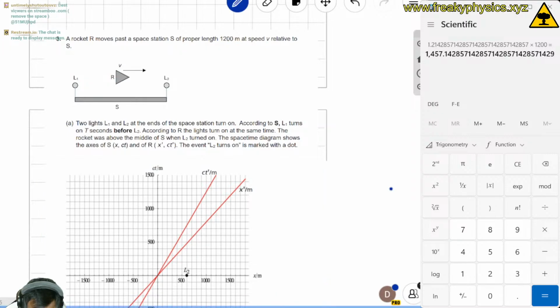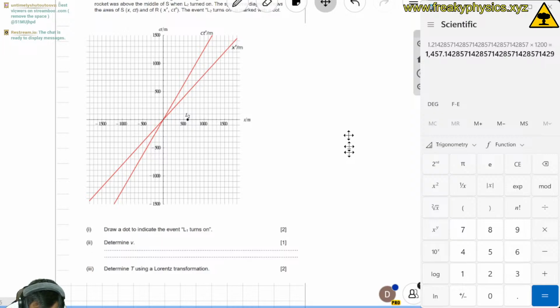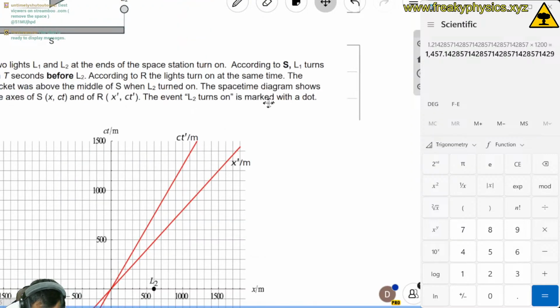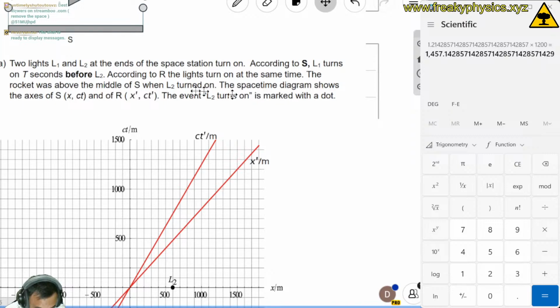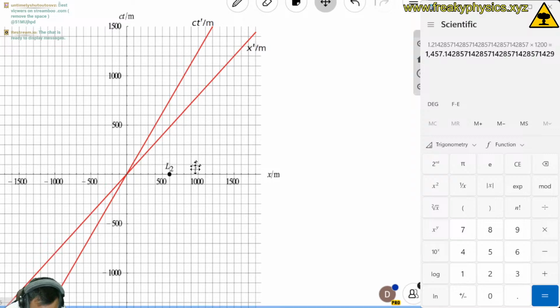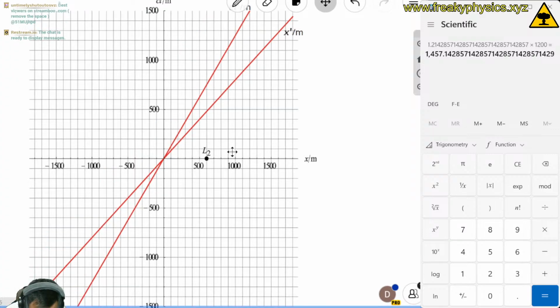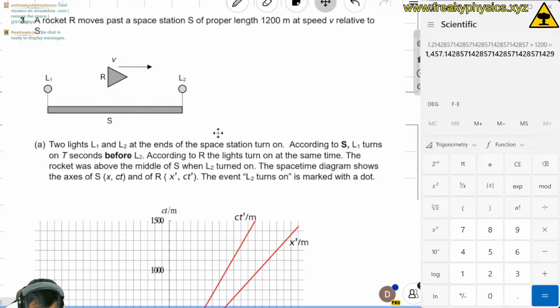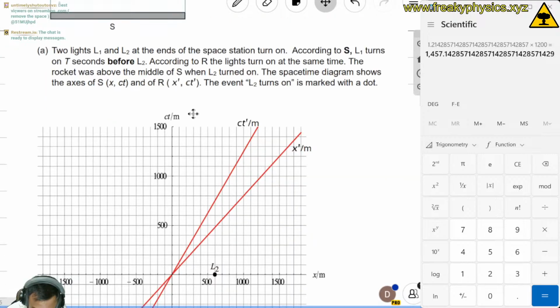So on the space-time diagram, what's given to us? We know that L1 turns on t seconds before L2. So L1 occurs first, right? According to S. Okay, that's according to S. So this is S. I will just note that this particular frame of reference is S. So according to S, it happens.